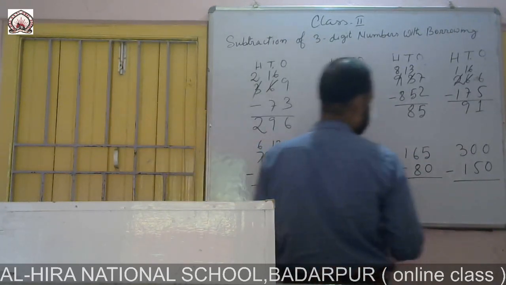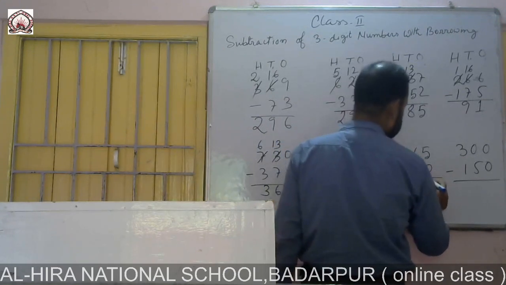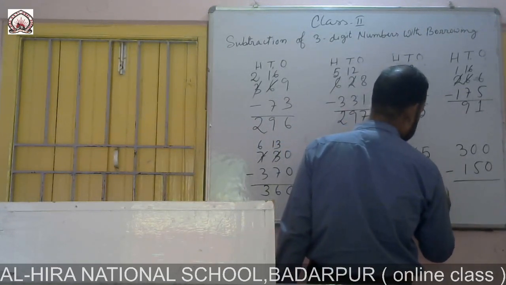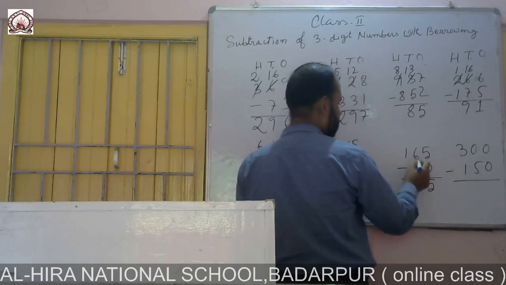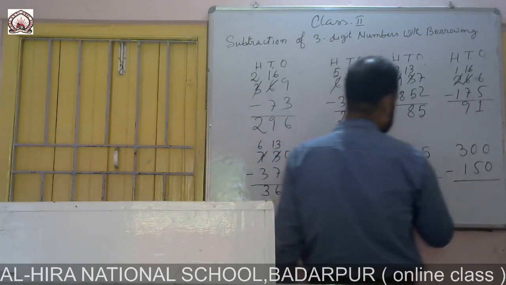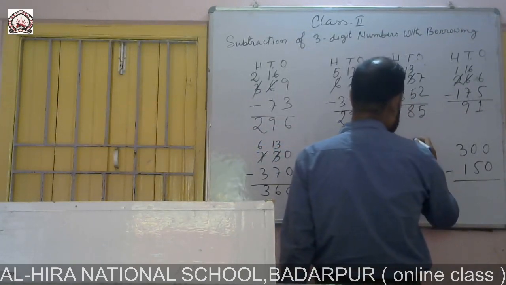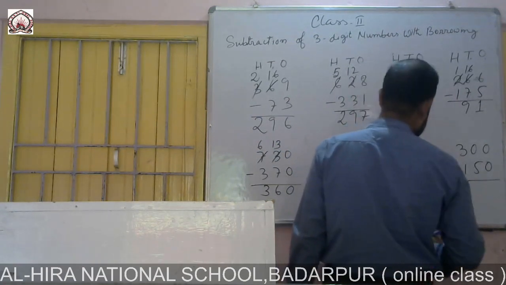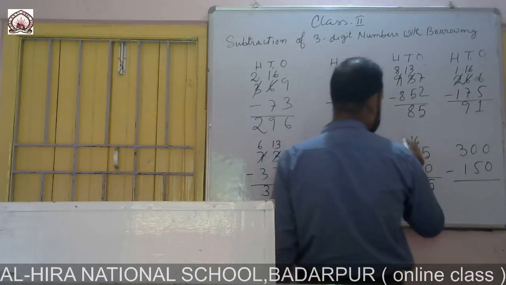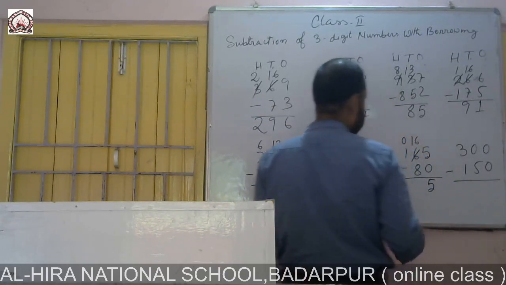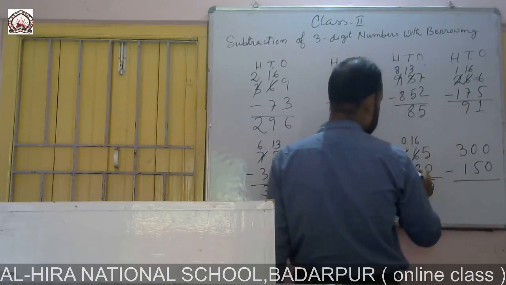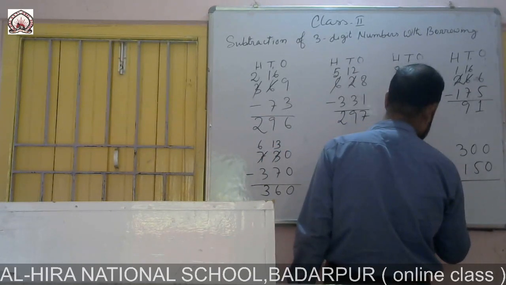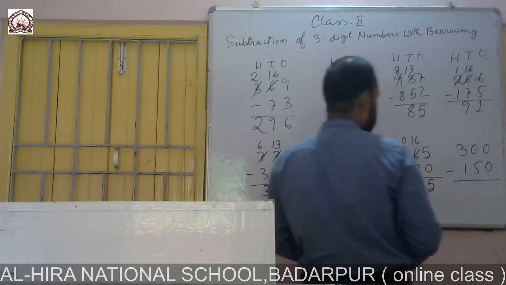Next, 5 minus 0 is equal to 5, and 6 minus 8 cannot, then borrow 1, then there is 16, and there remains 0. 16 minus 8 is equal to 8, and there remain 0.